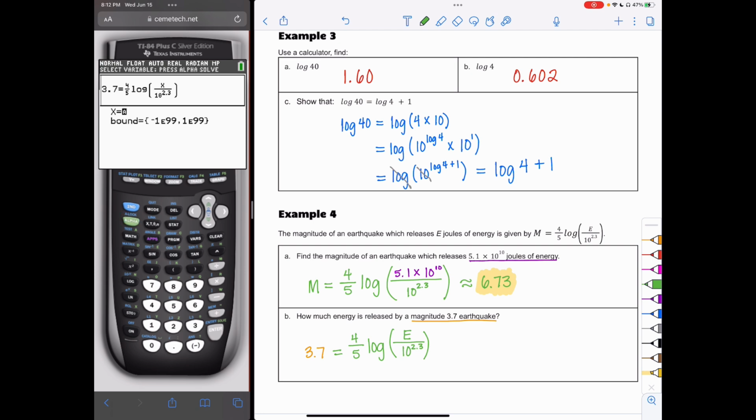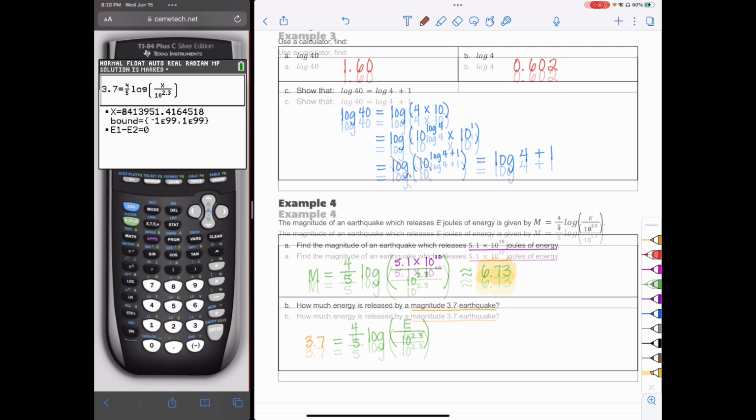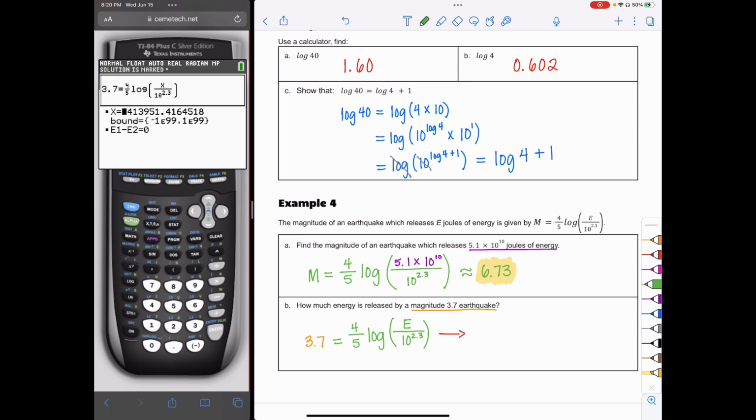So you have to press alpha, enter, and then you will end up seeing here that that's what X would have to be. So we know that E would have to be approximately equal to 8,413,951.416.